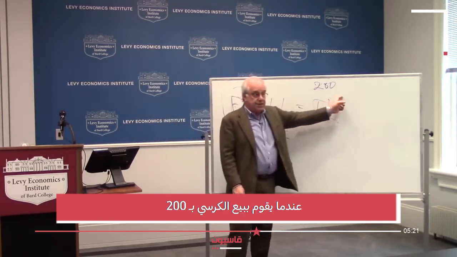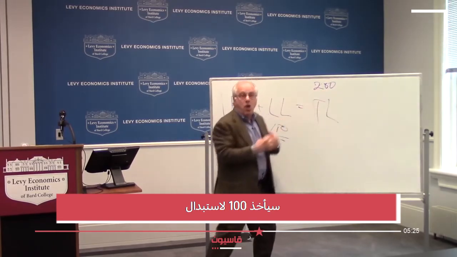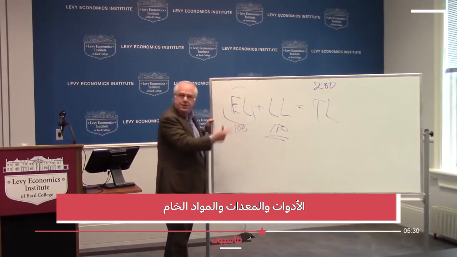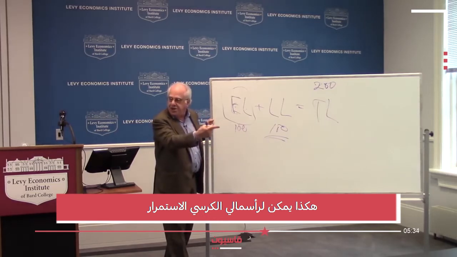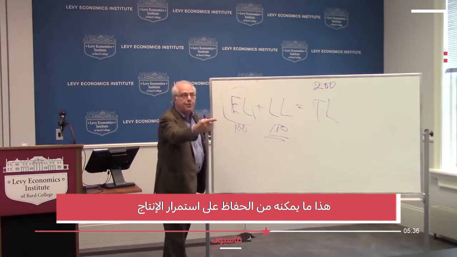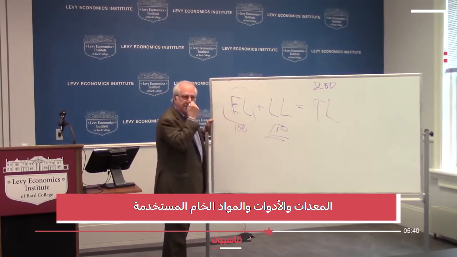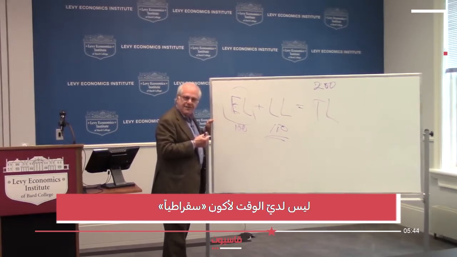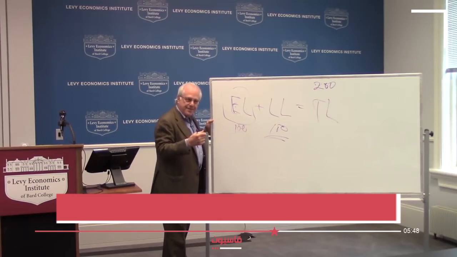So when he sells the chair at 200, he's going to take 100 of it to replace the tools and equipment and raw materials used up in producing the chair. That's how he can keep on being a chair capitalist. That's how he can keep production going. He has to replace the tools, equipment, and raw materials he used up, doesn't he? Yeah, he does. I don't have the time to be Socratic because we don't have enough time.